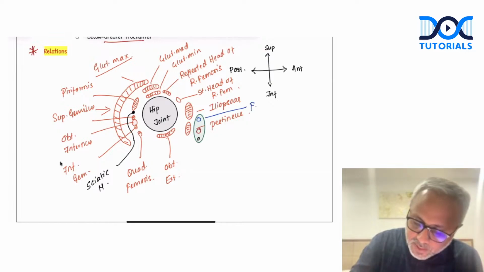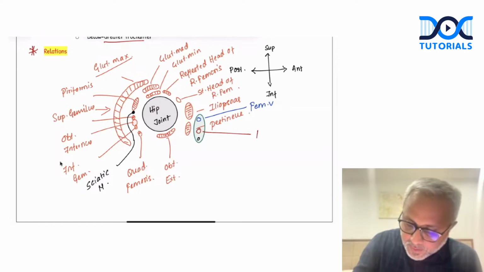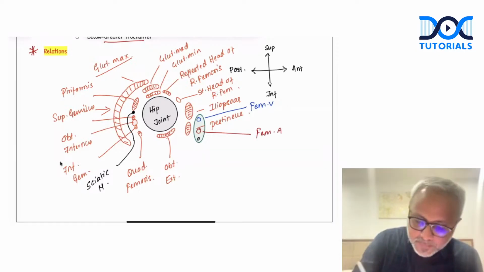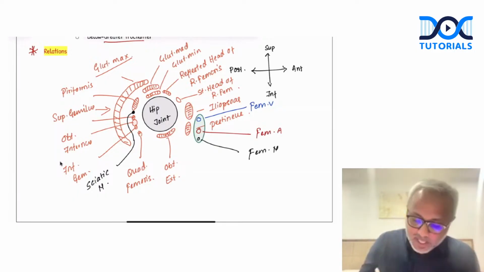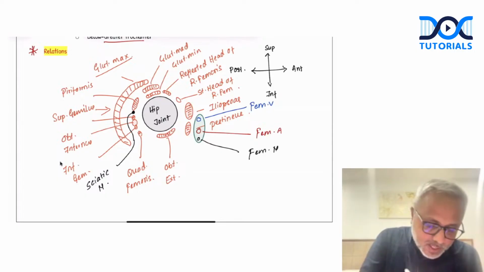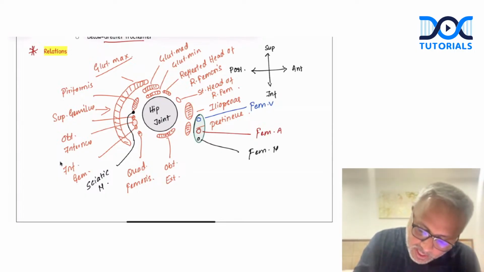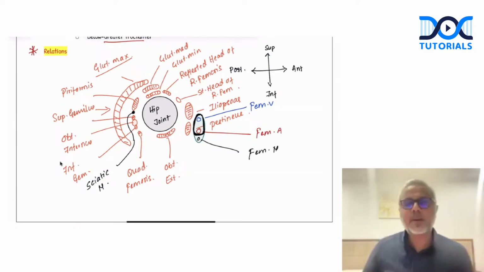We have the femoral vein, we have the femoral artery, and lastly, we have the femoral nerve. One thing we missed out here is that the femoral sheath is present only around these structures. It is never present around the femoral nerve. So that is what we need to correct, right?